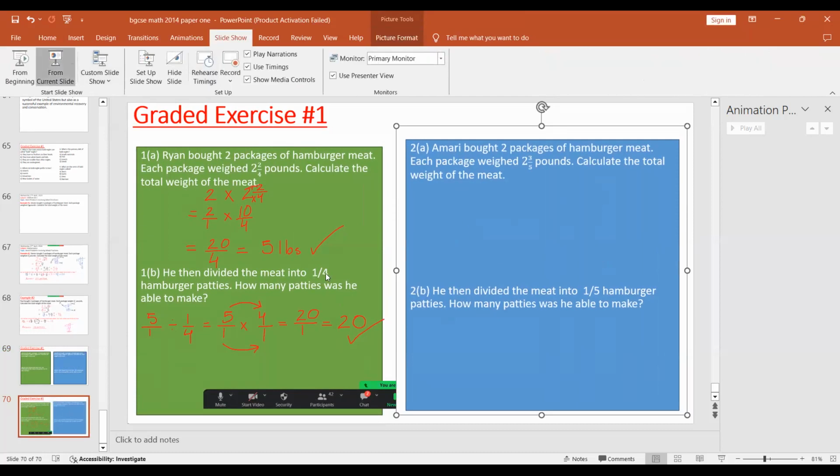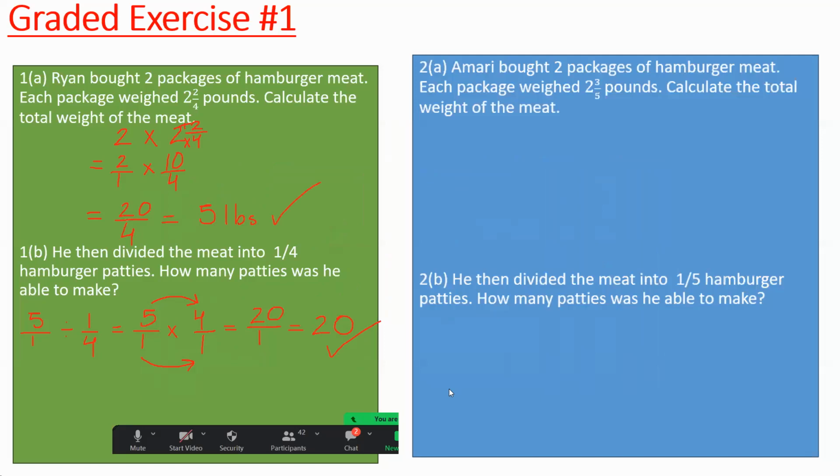Okay, so for this one, I would like China. China, can you help me with number 2A? Yes, sir. So first I do 2 times 2 3/5. I write down 2 times 3/5.